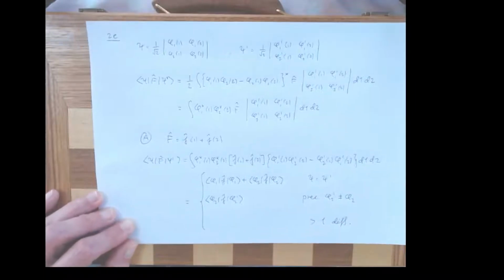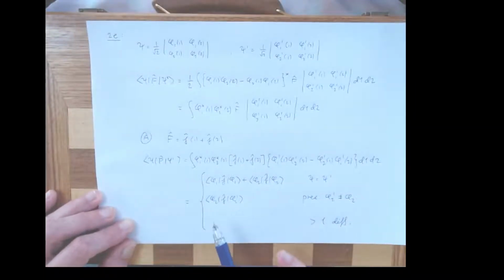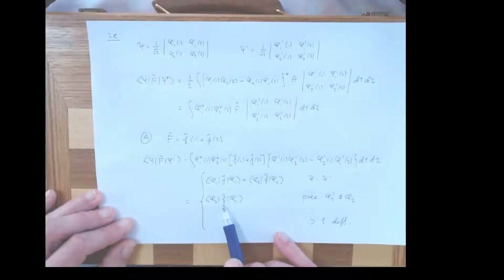Right. So let me repeat this. The point is that 2 and 2 prime are orthogonal. So the integral between those two states will be 0. But once the operator is in between here, it will act on this state, and this new state is not necessarily orthogonal to 2. So that's why this integral might survive.